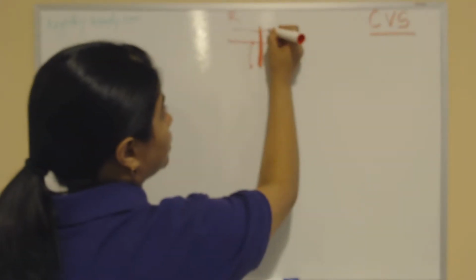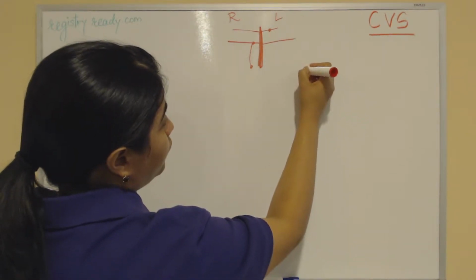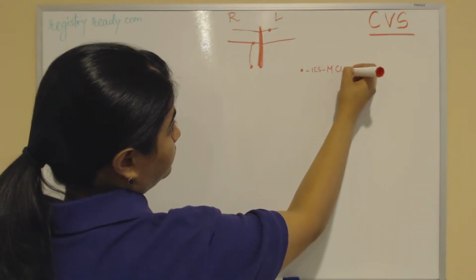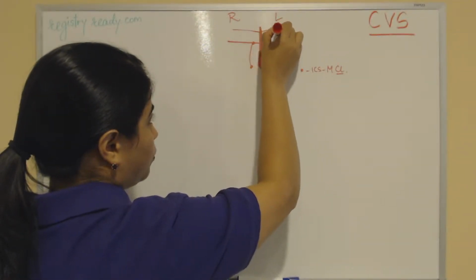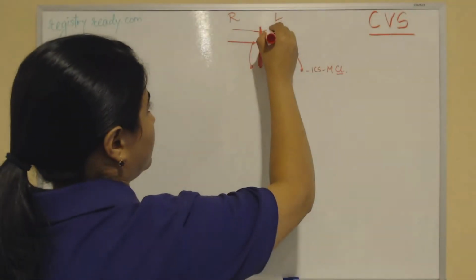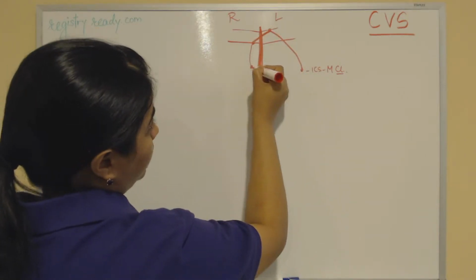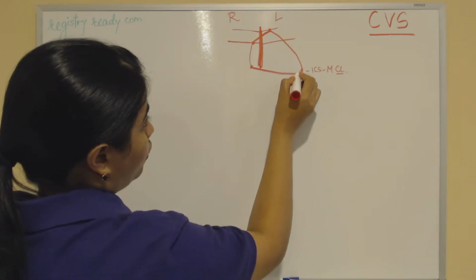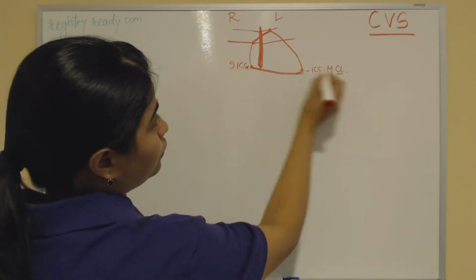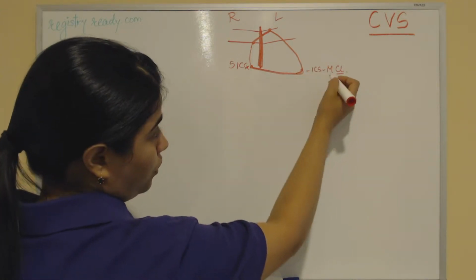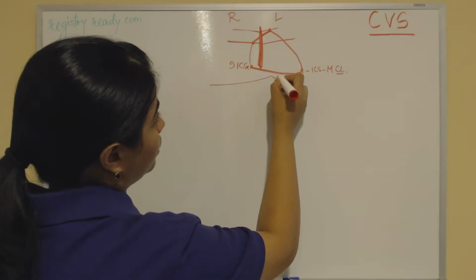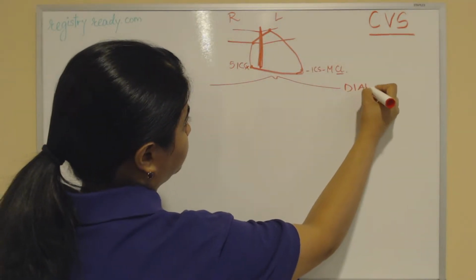Taking the second intercostal cartilage on the left and the fifth intercostal space in the mid-clavicular line and joining these 2 points, we can mark the left border of the heart. This becomes the superior border and this becomes the inferior border. So the inferior border of the heart basically extends from the fifth intercostal cartilage to the fifth intercostal space, all on the left side but in the mid-clavicular line. And we said that the inferior border sits on the diaphragm.